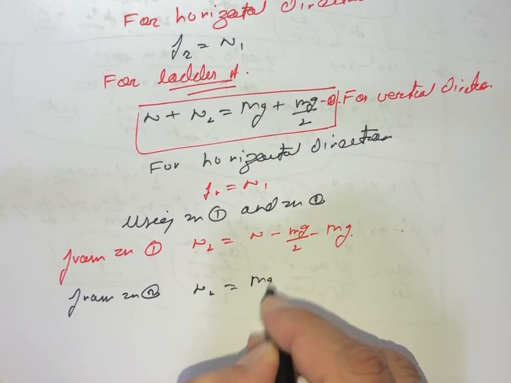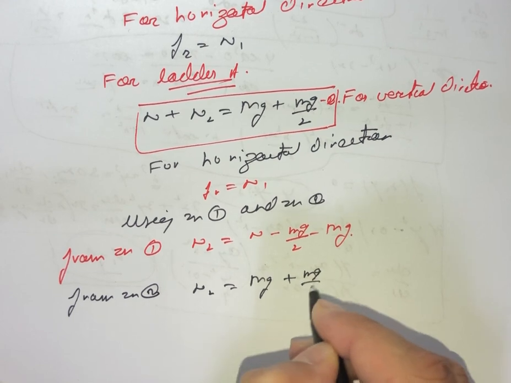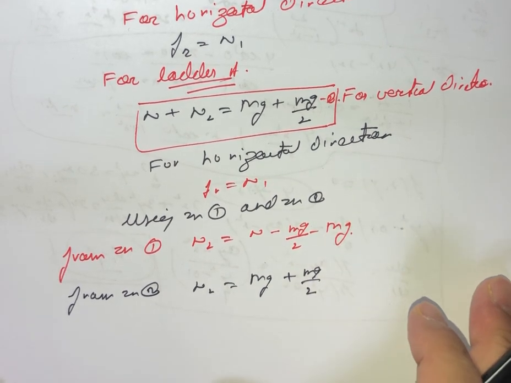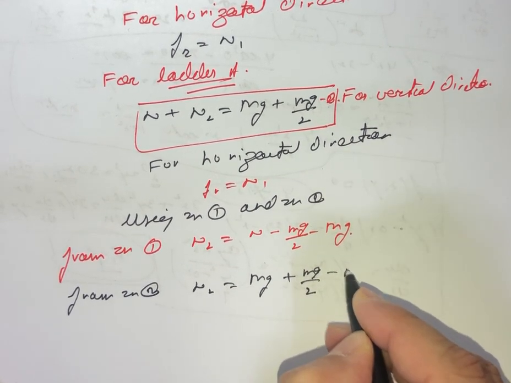This comes mg plus mg by 2, and this will be equal to minus n.